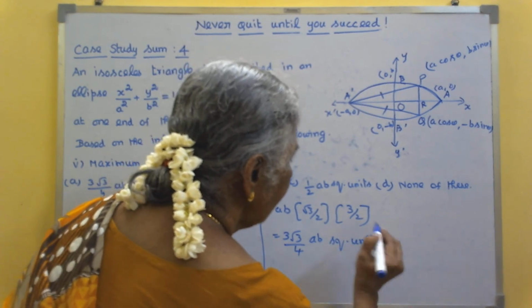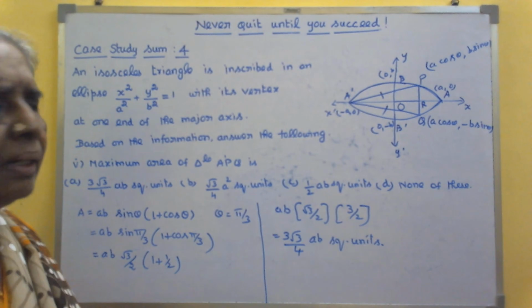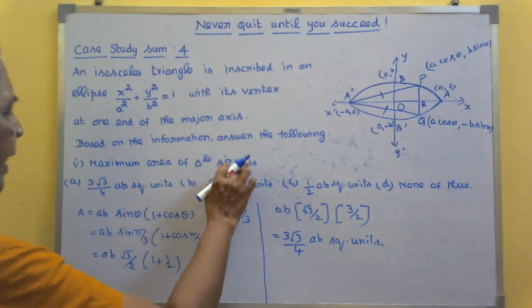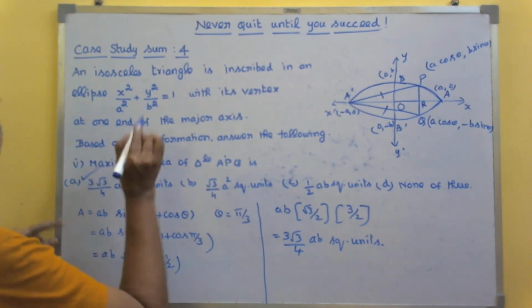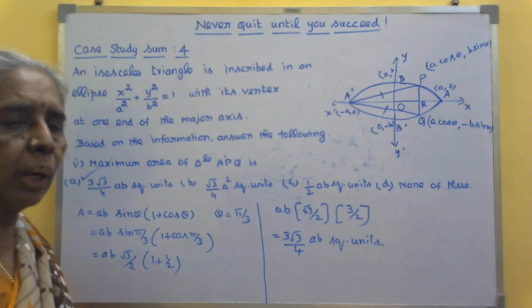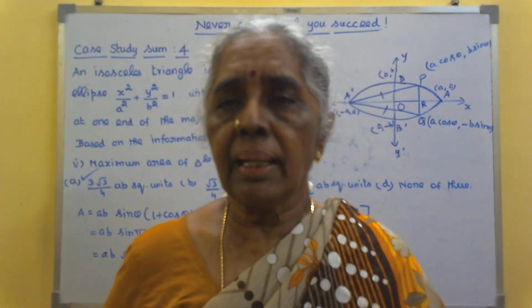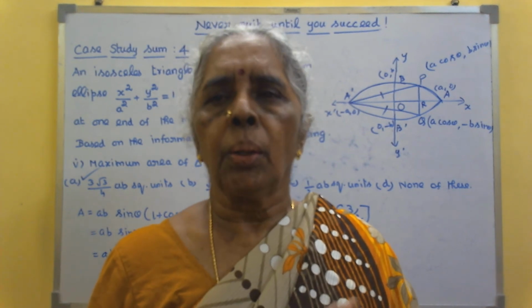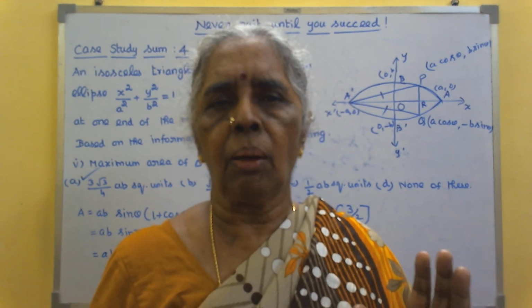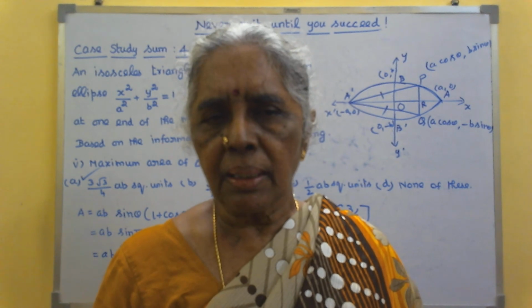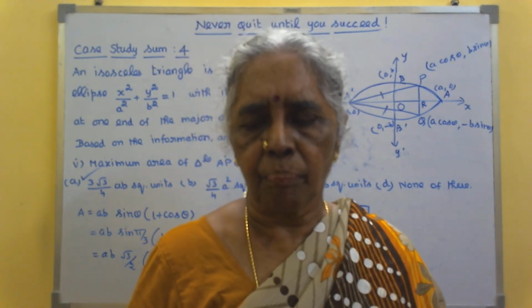This will be the maximum area of the triangle A dash PQ. So this is your option A. So that you have to tick. So hope you have understood this sum. See here, actually if you know about the ellipse, all the concepts, you can easily answer this sum.